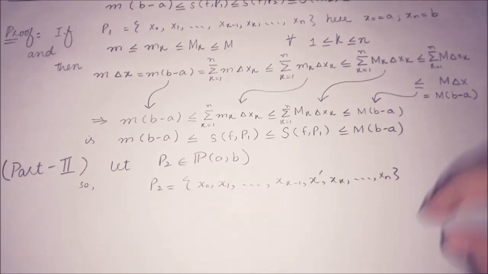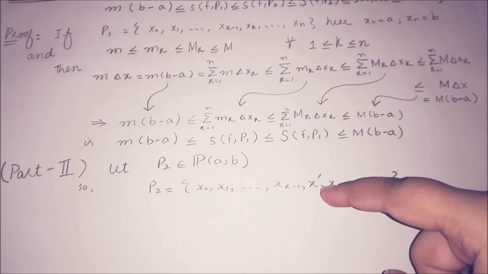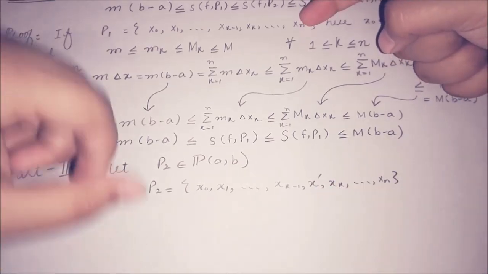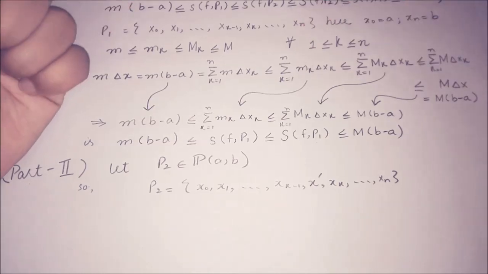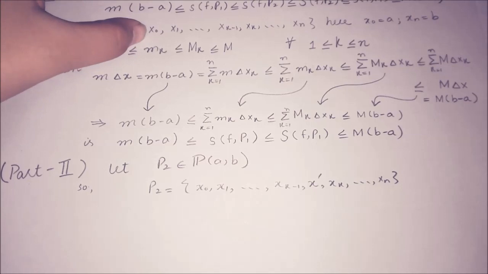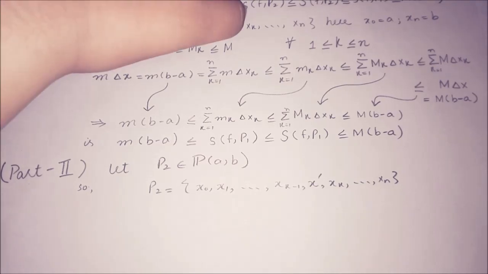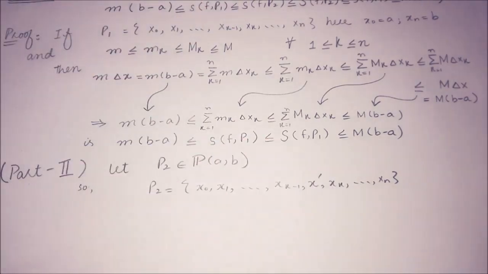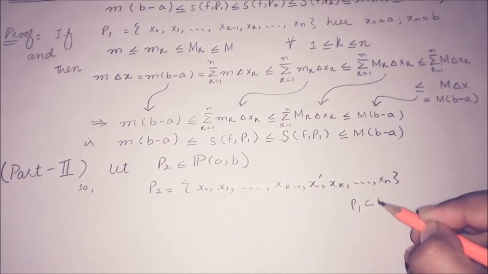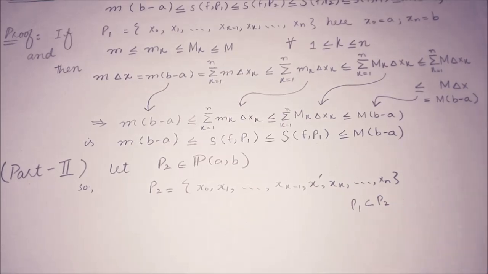So here we have x prime, or x dash, an extra point from p1. So p2 is a partition that is not p1 but is a superset of p1, having x0, x1, xk minus 1, but also an extra point x dash. So the relation between p1 and p2 is that p1 is a subset of p2, and p2 is a finer partition of p1.